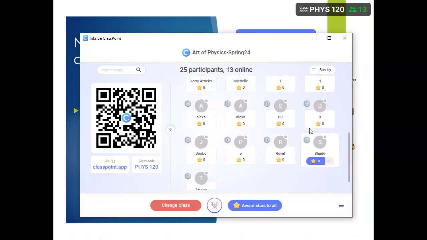Make sure to use the same username every time. Everyone in?